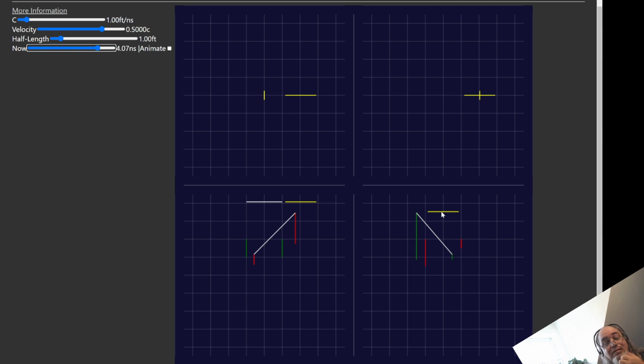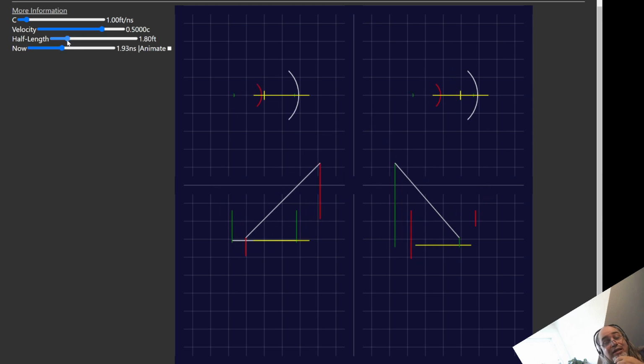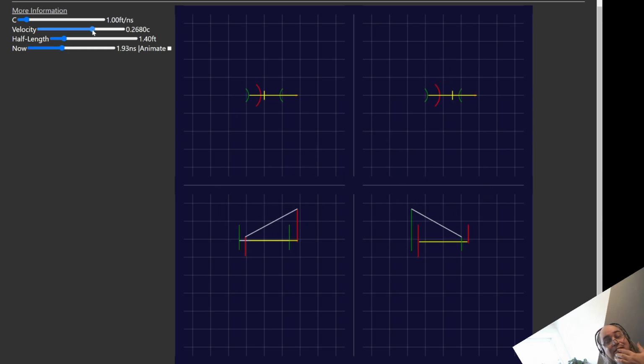This is a dilated clock, though, contracted clock. Can change the lengths, can control the velocities. So you can see that generally it looks like a hyperbolic transformation. Because I could just skew either one the other way, right?